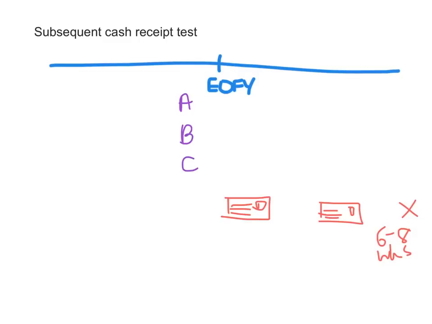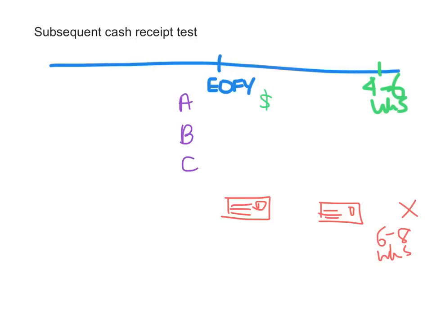And so what I do there is I know that if a client owes me money here at this point, sometime between now and, let's say, 4 to 6 weeks post-financial year, those people will have to pay their accounts receivable. All right? So what I'm going to do is I'm going to look for cash coming in, cash receipts.